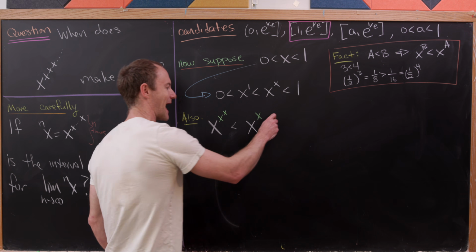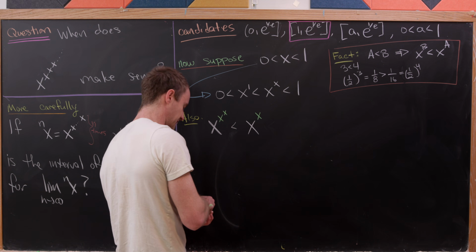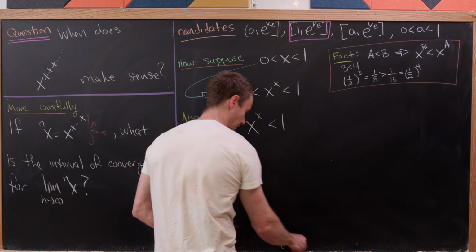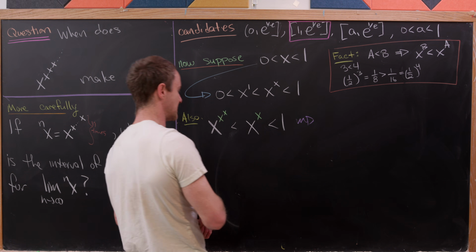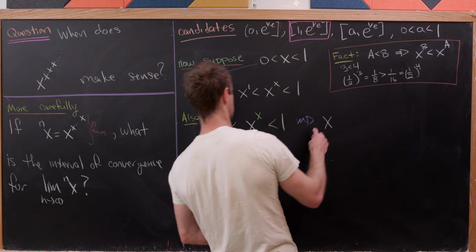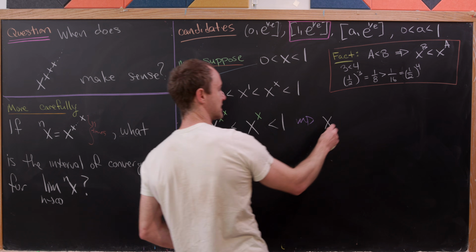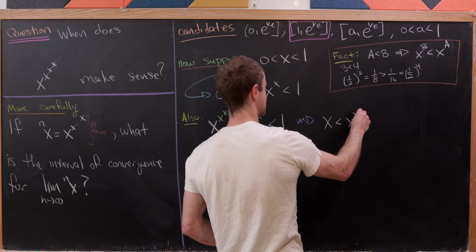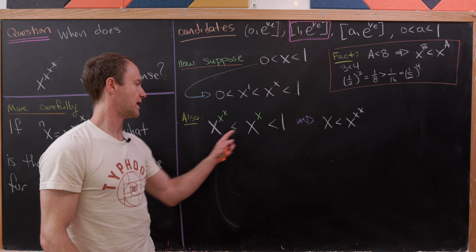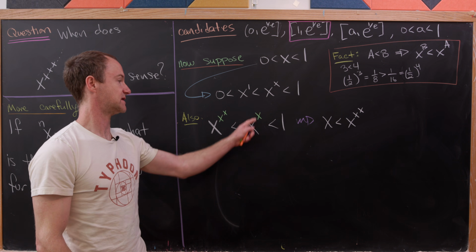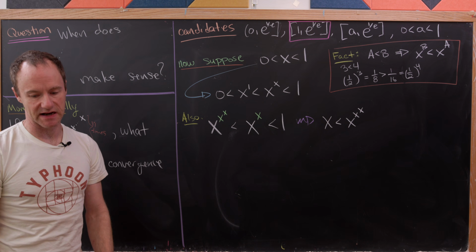But now I'm going to add on the fact that this whole thing is less than 1, and then we can extend this out to see that x just to the first power is going to be less than x to the x to the x. And again, that's because 1 is bigger than x to the x. So that's just using that again.